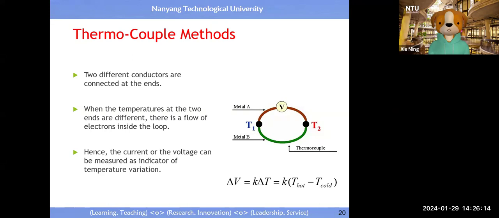So for example, we can hold one junction at a constant temperature, and the other end as a measurement terminal to measure any unknown temperature, right?